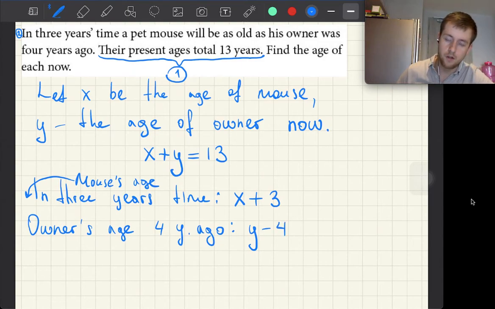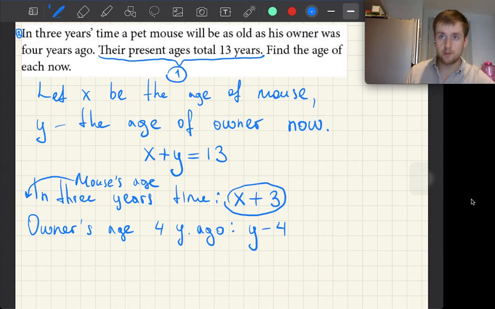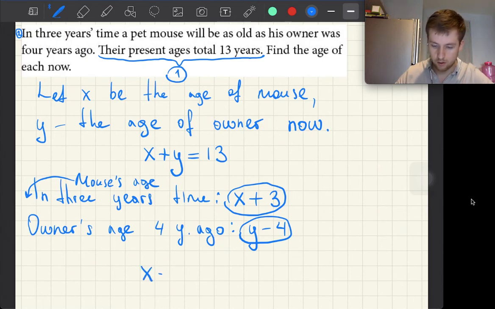So in 3 years' time, the mouse will be the same age as the owner was 4 years ago. It means that x plus 3 is equal to y minus 4.